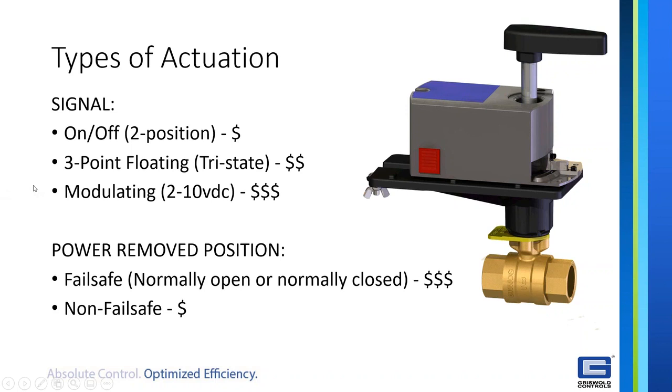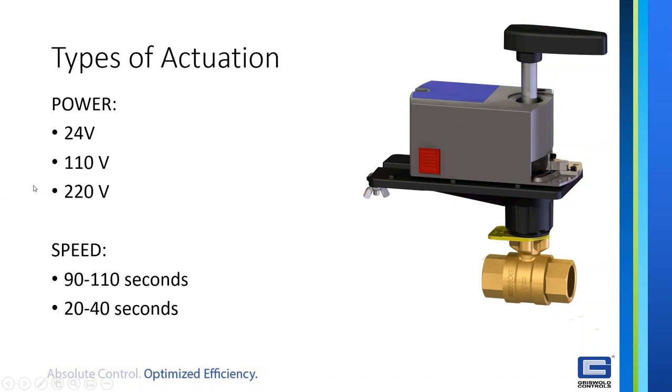But there are others. You'll see people ask about the power, and you'll see specs that say 24 volt, 110 volt, or 220. I would say 90% of what we see is 24 volts, so that's the most common power. Speed is another type that comes into play.